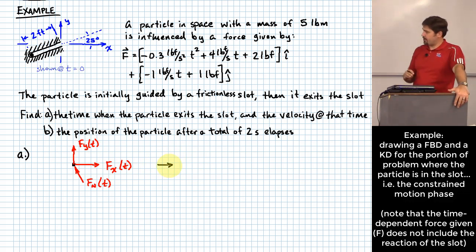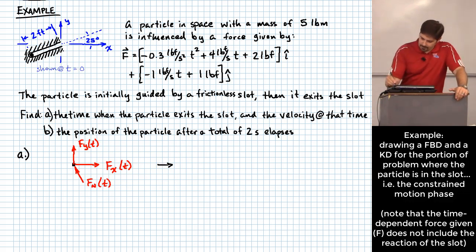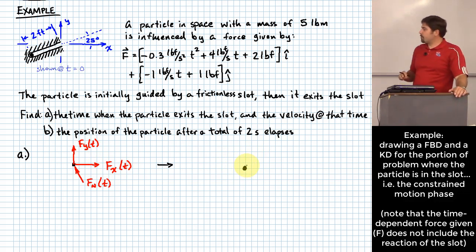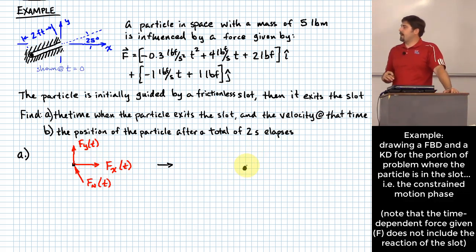Okay, all right. This now is going to lead us to our kinetic diagram. What's the kinetic diagram look like? Okay, we don't want to overthink this. The kinetic diagram, at least when we're in the first phase of the problem while we're in the slot: can the particle move any direction besides the direction of the slot? No, that's the point of the slot, to constrain it to move only along that line.